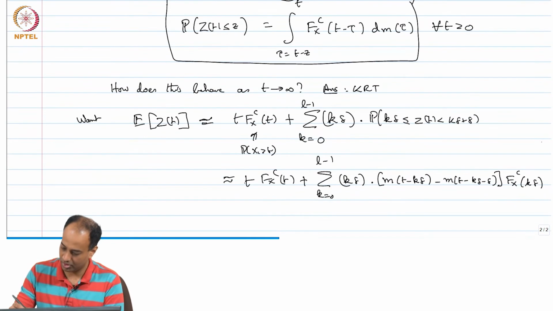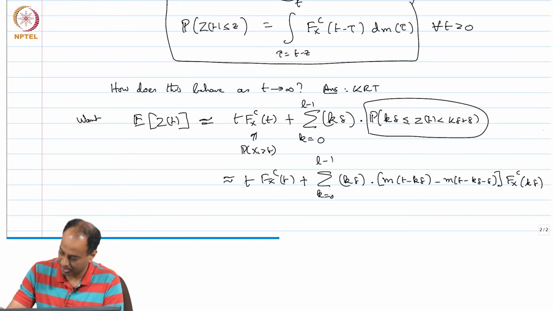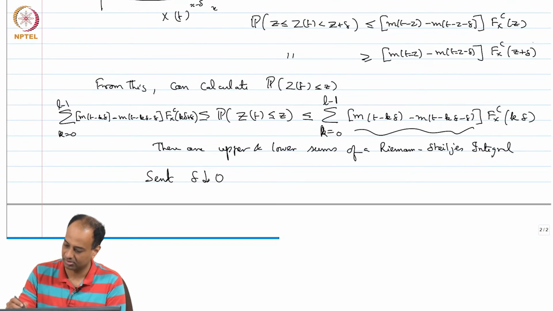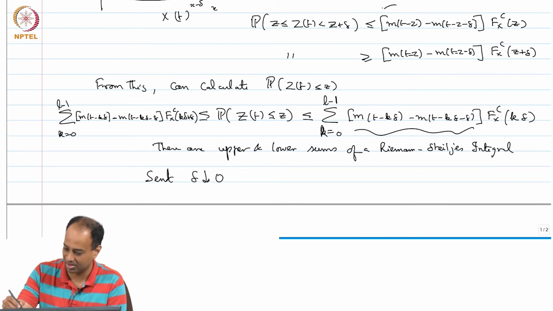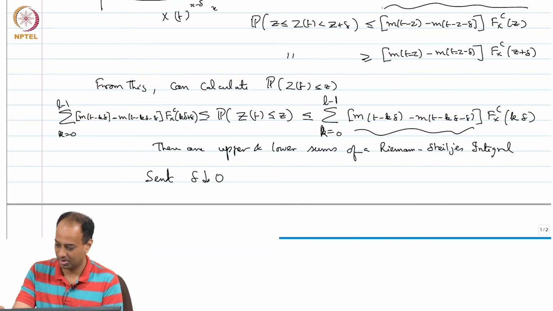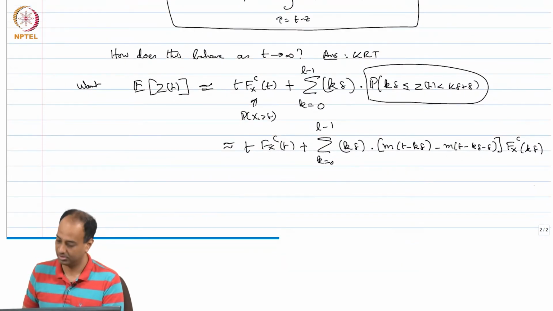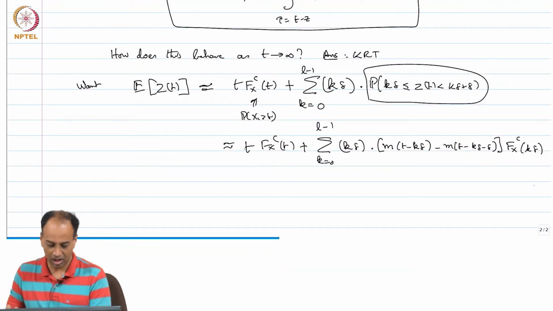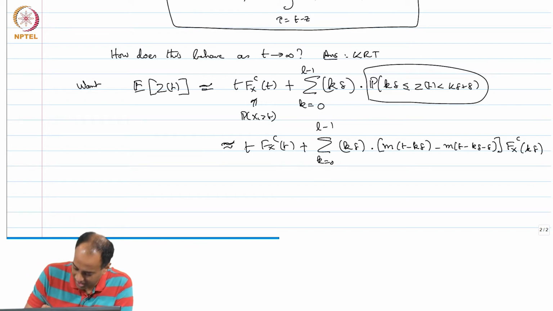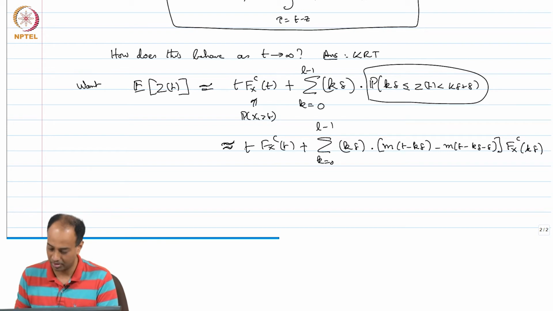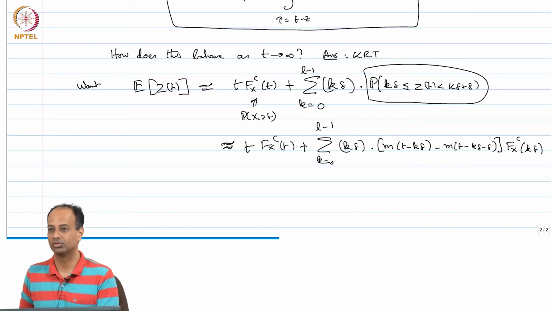I am just substituting this from here. When I write approximately equal to, I mean that I can upper bound and lower bound just like I did for F_X complement. Now, you send delta to 0.